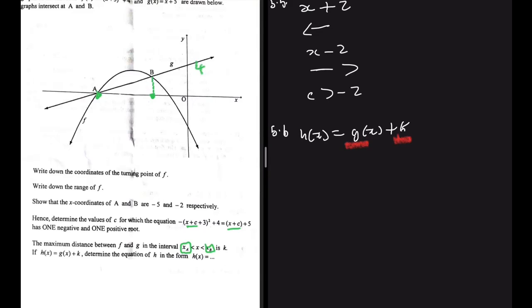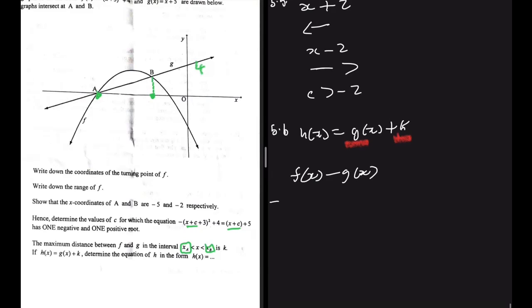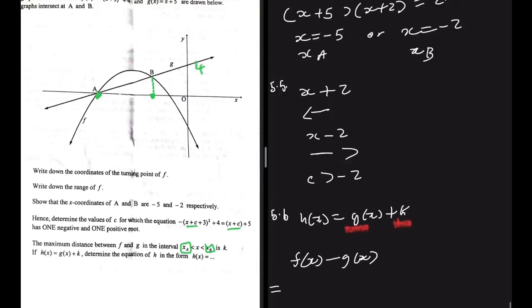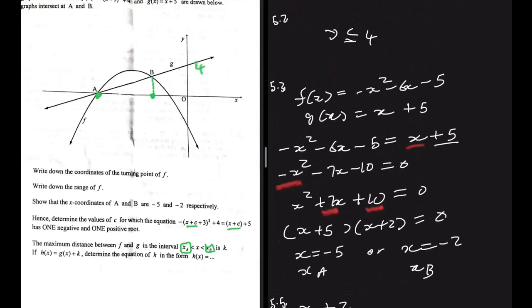Let me show you what I'm talking about before I just confuse you. So we have f of x minus g of x, right? That is how you find the equation for the distance between the two graphs. So f of x minus g of x will be equal to, what's our equation for f of x again? Here it is.